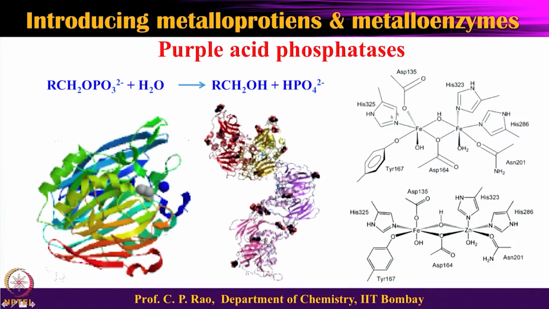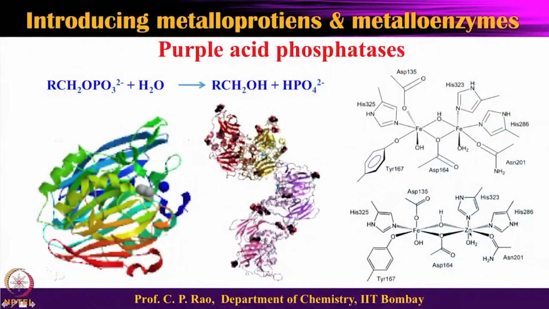So, the iron core is very well preserved in spite of the amino acid sequence having a greater overlap or a lesser overlap, something like 70-80% overlap or 20% overlap. In both cases it is there, except that the second iron center is replaced by the zinc center in this particular case. So, you can take this from the plants or other non-mammalian and mammalian sources, but the reaction is the same.